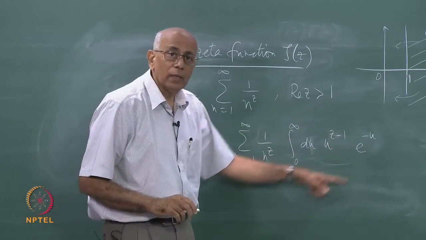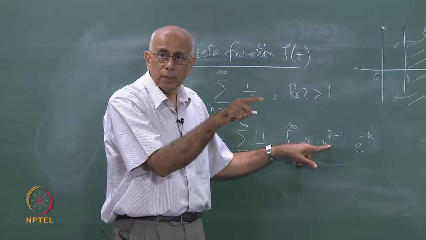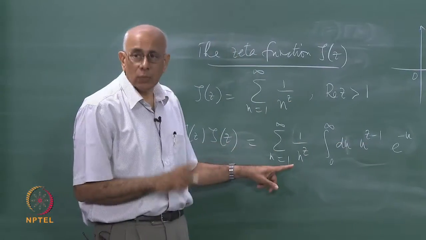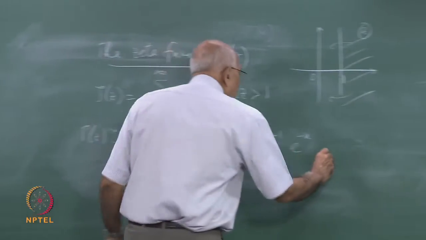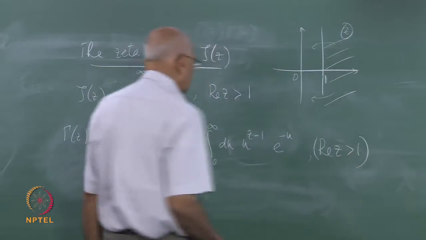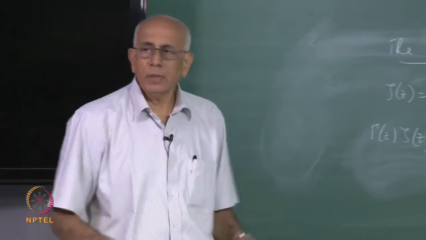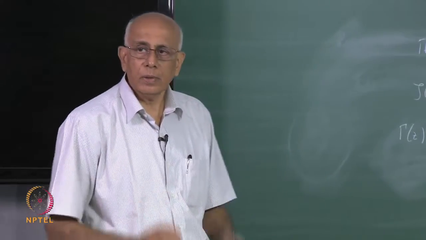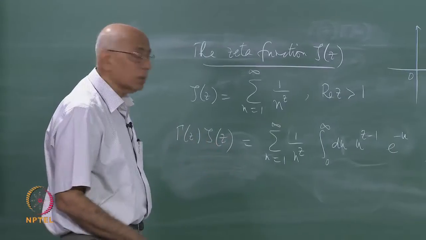This was the defining representation for the gamma function, provided real z was greater than 0, but this series converges only if real z is greater than 1. So this whole formula is valid only if real z is greater than 1. In that region the series converges absolutely, the integral converges absolutely, and you can interchange the order of integration, summation and so on.